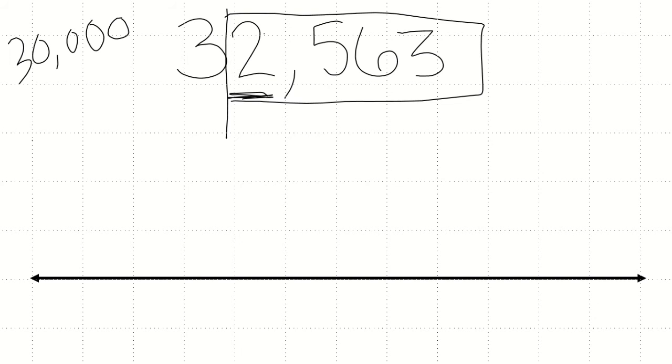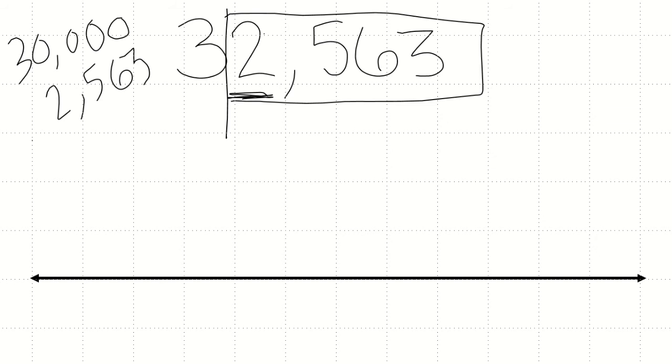And then I'm going to keep this next number together, 2,563. So it's not a full-on expanded form, but I'm pulling out the values in front, and then I'm leaving this one because since I am rounding to the thousands, this is what I'm looking at. And then we'll come back to that 30,000 when we're done.